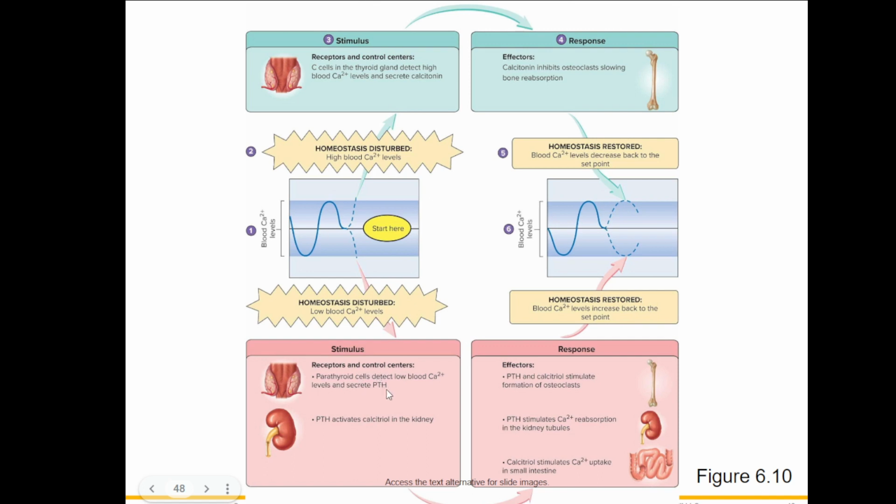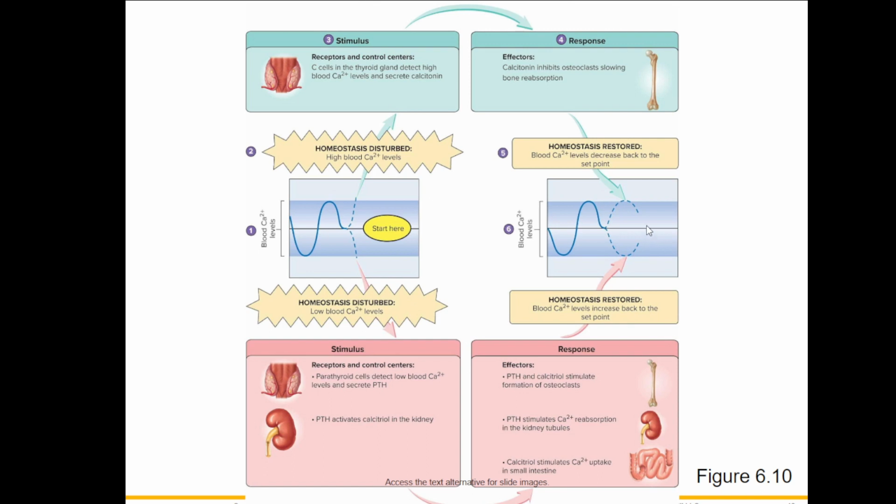So what will PTH do? PTH will stimulate your osteoclasts, so it will get calcium from the bones. Second, it will cause reabsorption of calcium in the urine, in the kidneys. And third, it will cause more absorption of calcium in our small intestine. And what will be its effect? The effect will be to increase the amount of calcium in the blood.